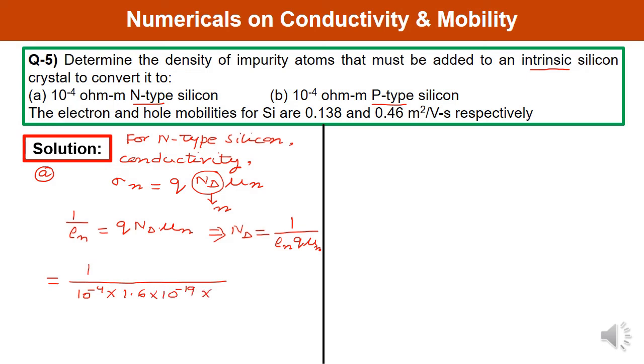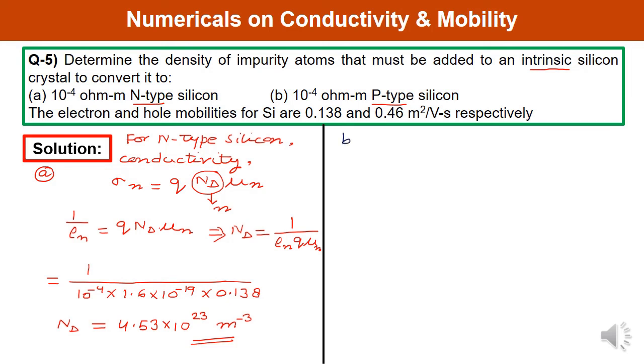Mu n is given, which is 0.138. Simplify it. The value of Nd, the density of impurity atoms for n-type silicon, you will get as 4.53 into 10 raised to the power 23 per meter cube. So this is the case when it has been converted into n-type silicon.